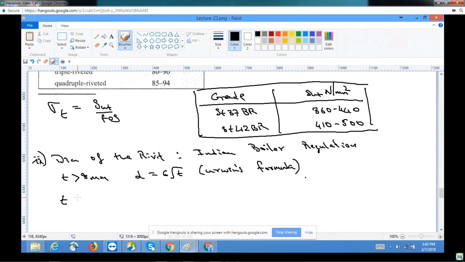And when t is less than 8 mm, then d is obtained using shear resistance.